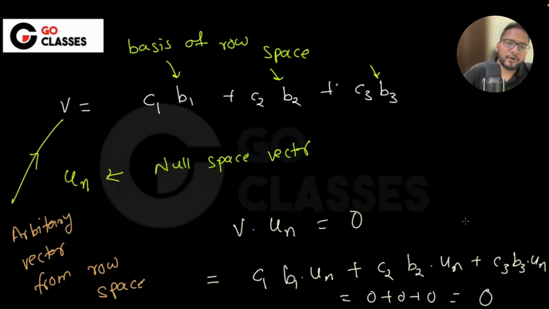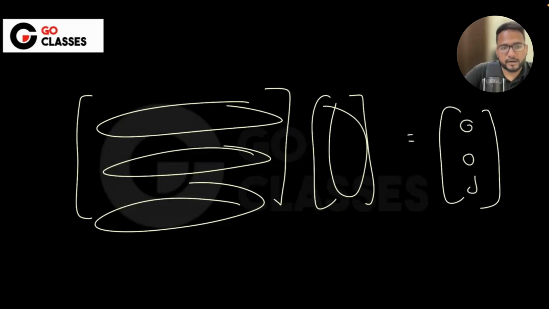So basically, if the null space is orthogonal to the basis vectors, then obviously it is orthogonal to every other vector, right? So in general, you can say any vector in the row space is orthogonal to any vector in the null space. Okay, so let me write it here.